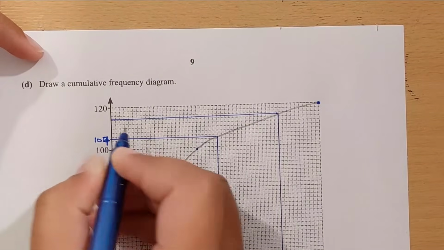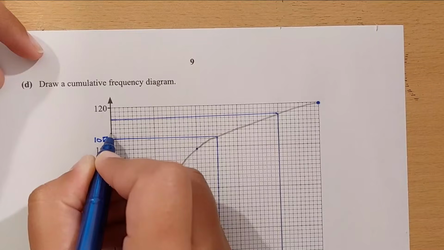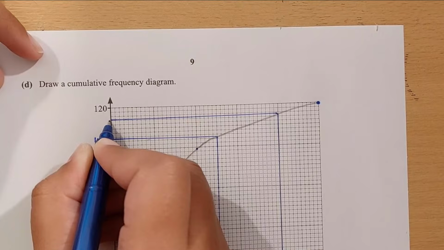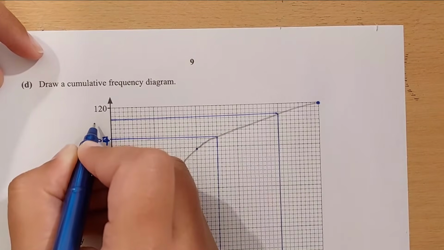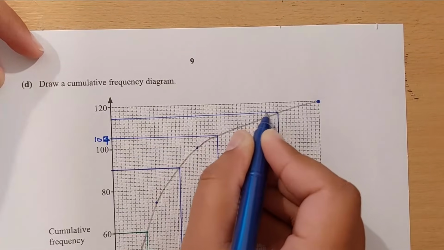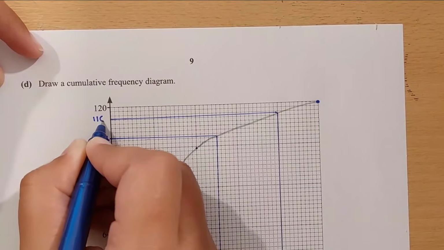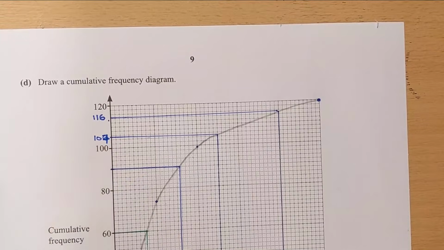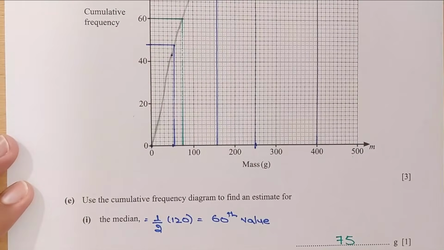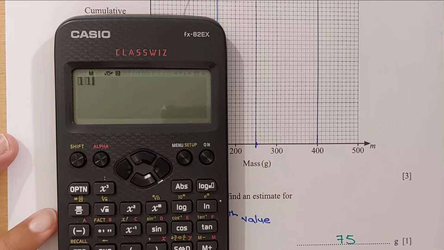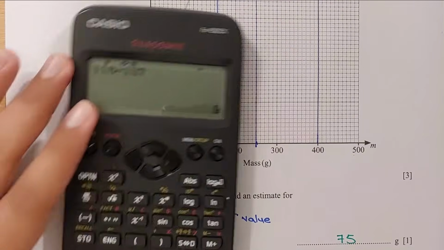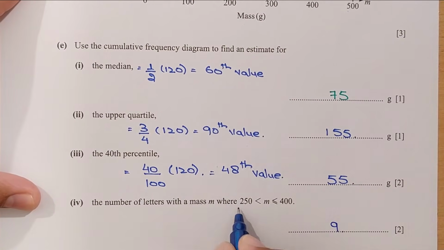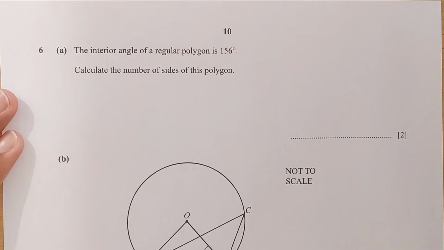In my case, it is 107. You can see 108, 110, 12, 14, 16. Yes, 116. Now we have to find the number between 116 and 107, so we subtract. 116 minus 107 is 9. So we can say that 9 letters have a mass between 250 and 400 grams.